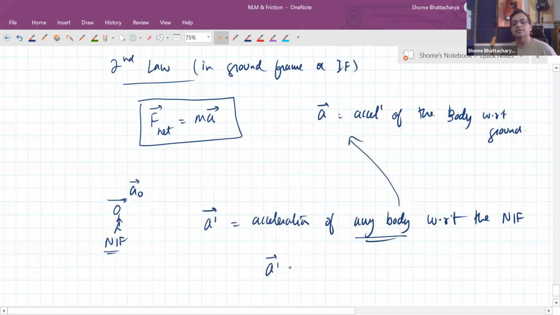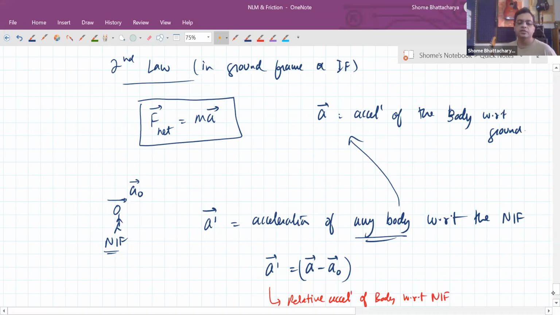This relative acceleration becomes its ground frame acceleration minus the acceleration of the reference frame. This comes from the concept of relative acceleration: it is the absolute acceleration of the body minus the acceleration of the moving frame. This is the relative acceleration of the body with respect to the non-inertial frame. It is a vector difference of these two.